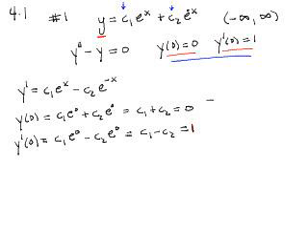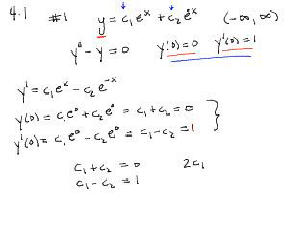So what I see now is that I have two equations and two unknowns, and I'll use those to find C1 and C2. C1 plus C2 equals 0. C1 minus C2 equals 1. One thing I can do is add these two equations to give me 2 C1 is equal to 1, and that gives me C1 is equal to 1/2.